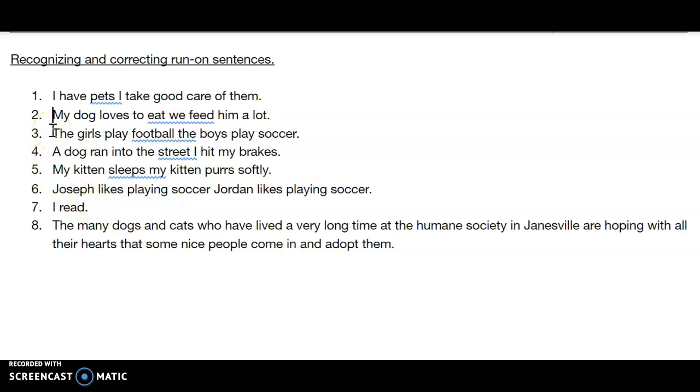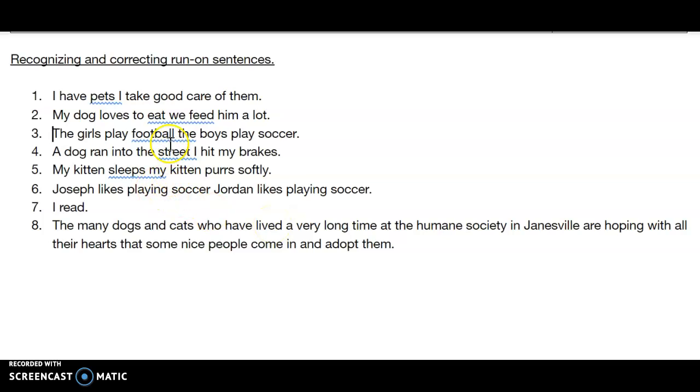The girls play football, the boys play soccer. So here I think I would use a comma and a coordinating conjunction. We could use and or but. The girls play football, comma, and the boys play soccer. Or the girls play football, comma, but the boys play soccer. We could put a subordinating conjunction in the front.